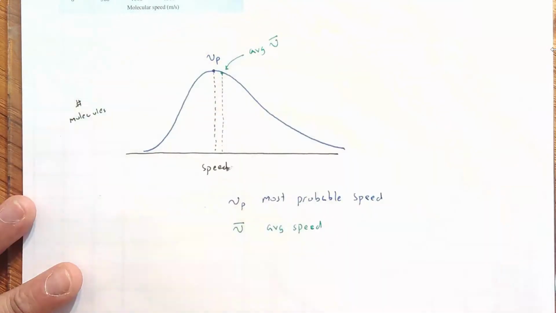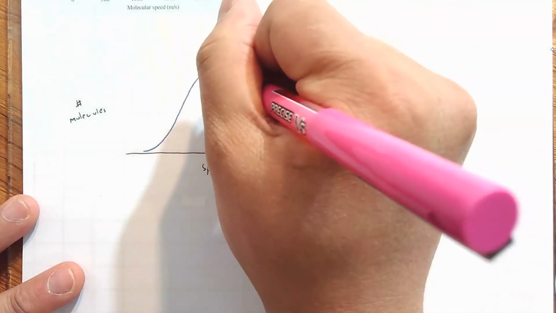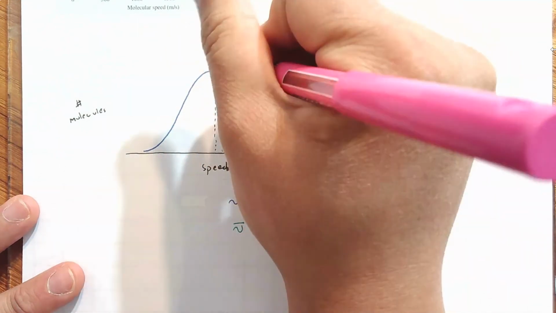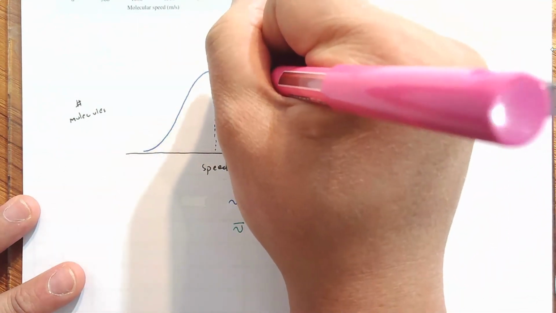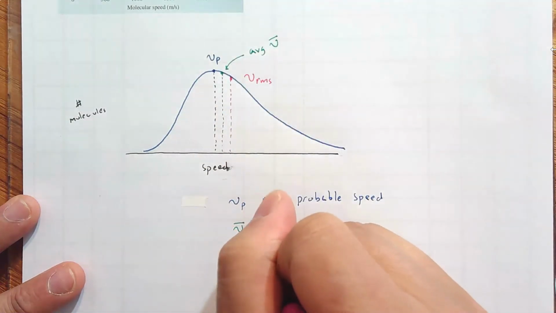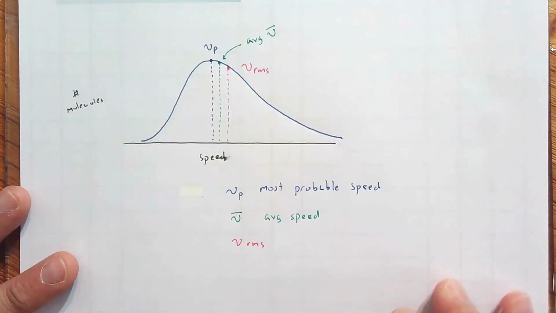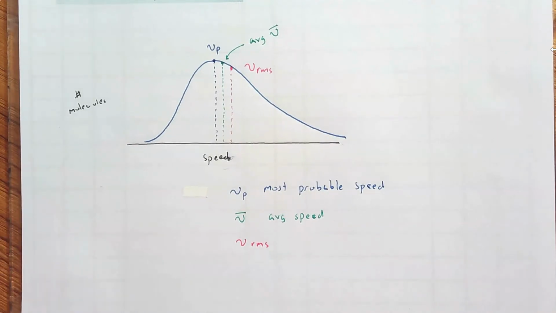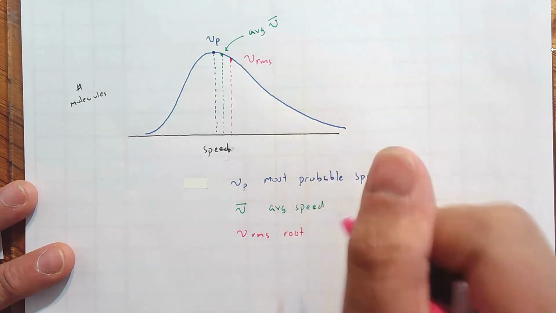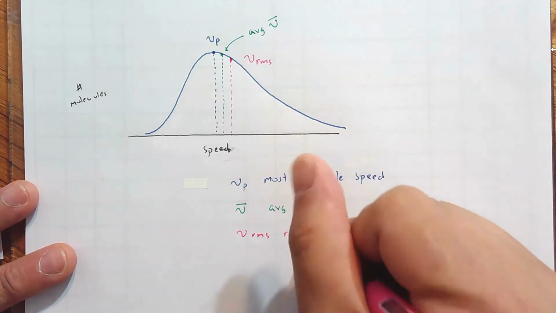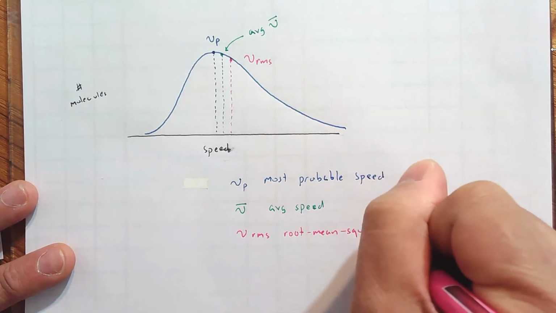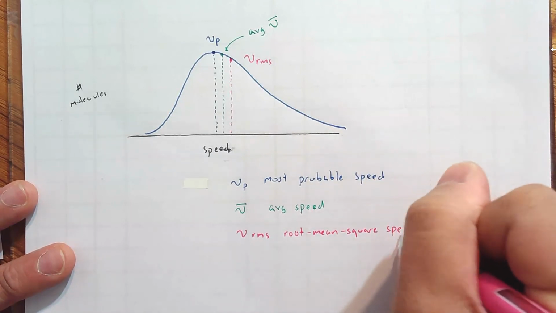Now we get to the VRMS, and that's also a little bit to the right of the average speed. And this is, what's the abbreviation? VRMS. That is a root mean square speed. And that's typically the one that people are most interested in. Root mean square speed.